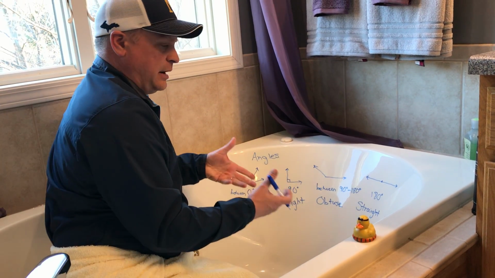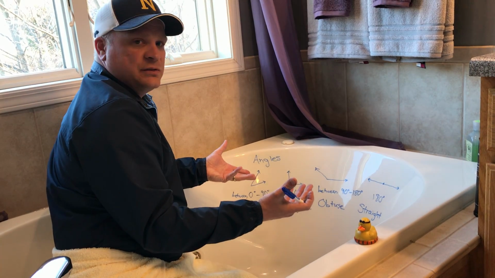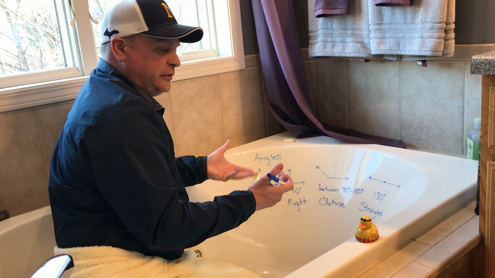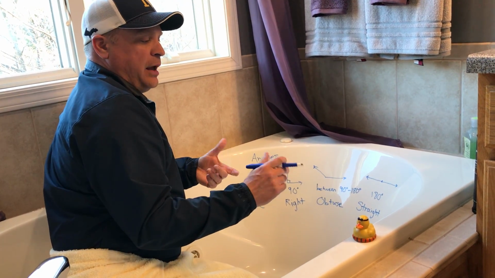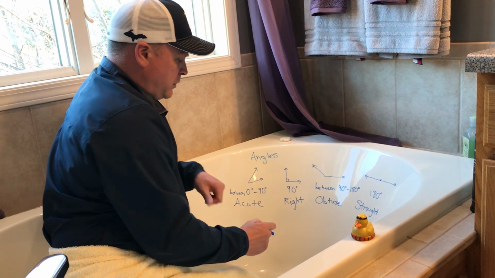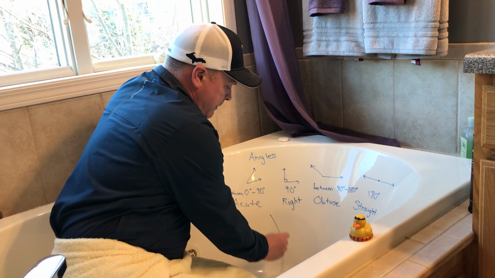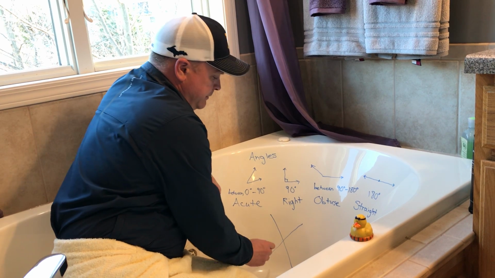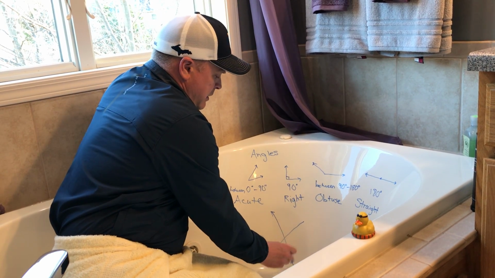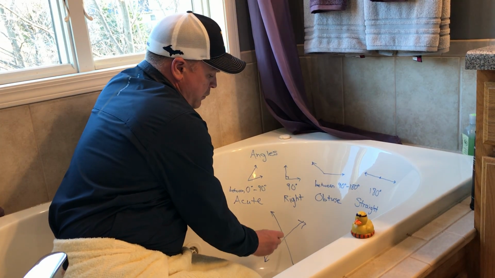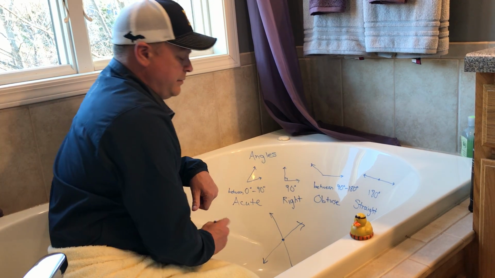Now, a couple other phrases that I want you to remember in terms of angles are vertical angles. Vertical angles is if I have two lines, okay, and my lines cross right here at this intersection.